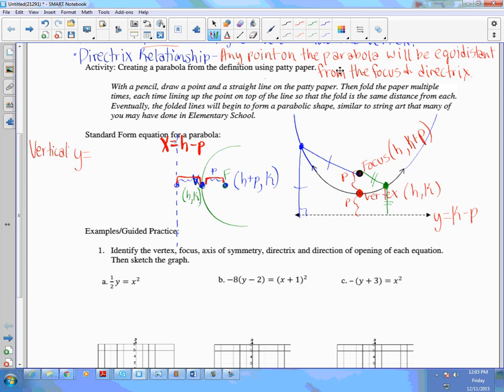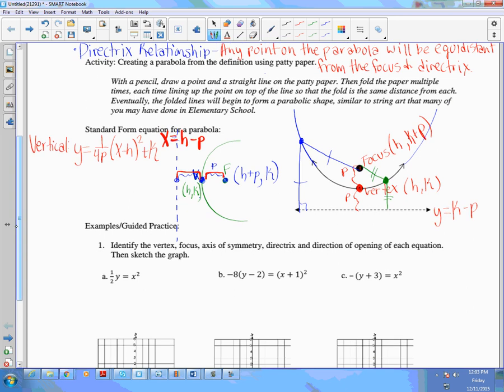Y equals 1 over 4p times x minus h squared plus k. All of that looks exactly like what we're used to seeing, except instead of a, it's this fraction, 1 over 4p. That helps us find the gap between the vertex and focus and vertex and directrix. So that's the equation we use if we have a vertical parabola.